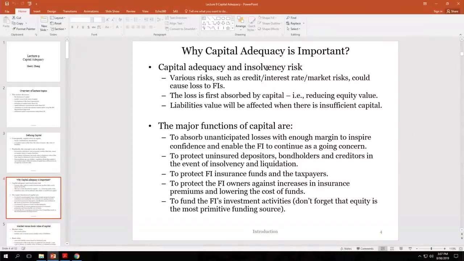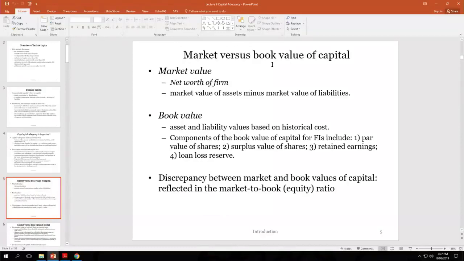Because of all these important functions, we have capital adequacy requirements, and we also discussed different accounting methods we can use to measure the amount of capital of a bank. The conclusion is that in practice, we need to rely on book value accounting with relevant adjustments for the valuation of a bank's capital.